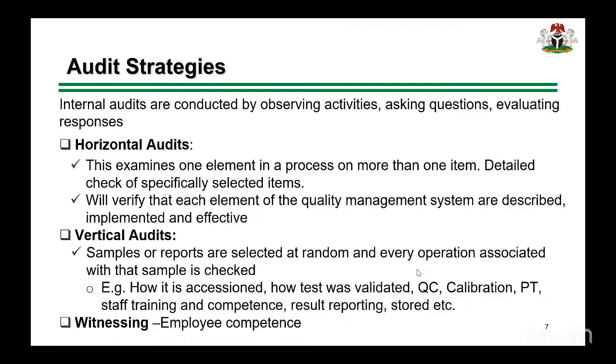Now, vertical audit is where you pick a sample of reports randomly, then you check all the elements of it. So I can decide to pick 2 or 3 samples, and I will check which personnel did the test or collected the sample. Now, is there an SOP for sample collection?